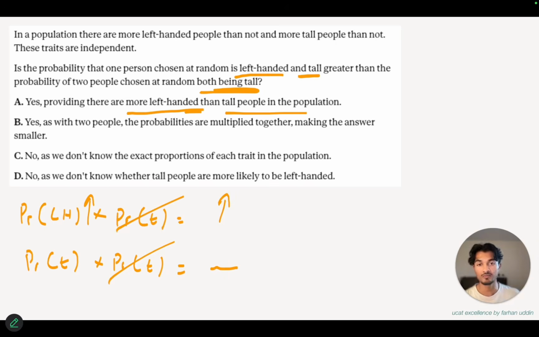So if you're struggling with these kind of questions, I always recommend try to write it out in an equation format so you can almost see mathematically what's going on. That way, you might be able to answer a question like this without guessing and actually use the numbers and the theory of probability to get the answer correct. So the answer to this question is A in this case.